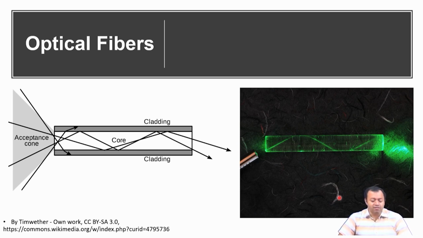The optical fiber brings in a light signal, laser signal, especially at a particular wavelength, 1.55 micrometer, and you can make them carry other wavelengths of light too. Like this optical fiber is used to carry green light. They simply bounce off from these two surfaces and return to the output.